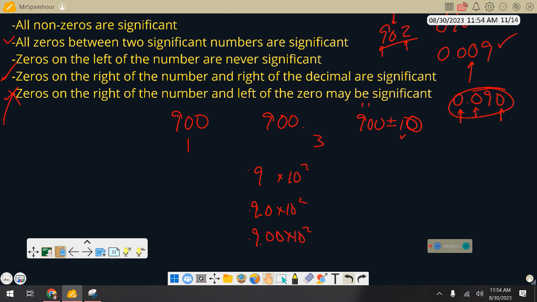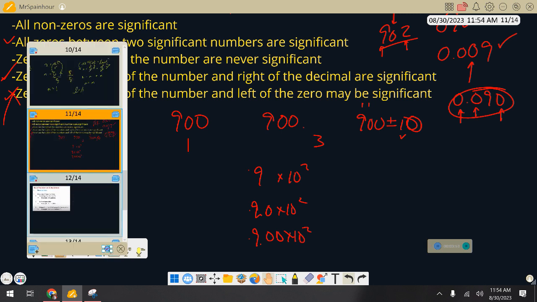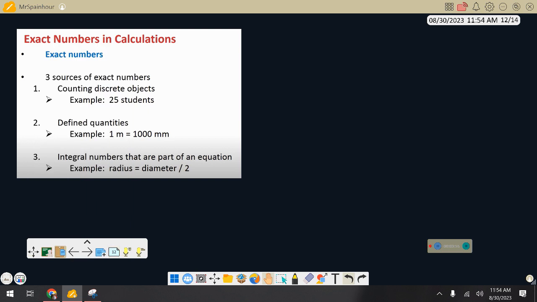Okay, a couple other things to tackle real quickly. Next one is this. Exact numbers never limit significant numbers, meaning exact numbers have an infinite number of sig figs. For example, first, discrete objects. If there are 25 students, I've counted exactly 25 students. I don't need to worry. That should never limit my calculation.